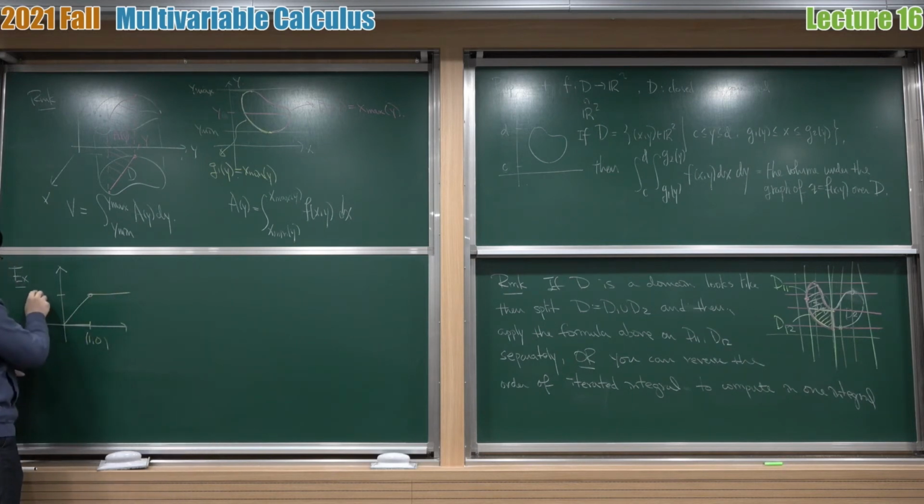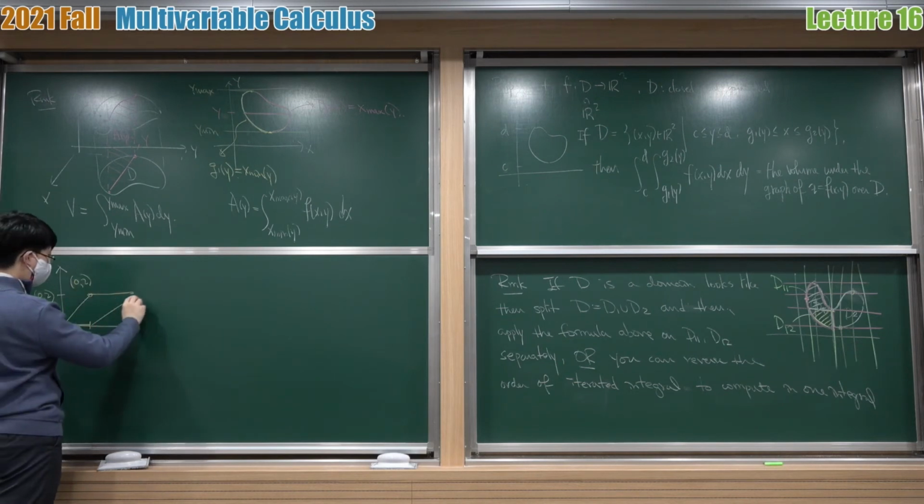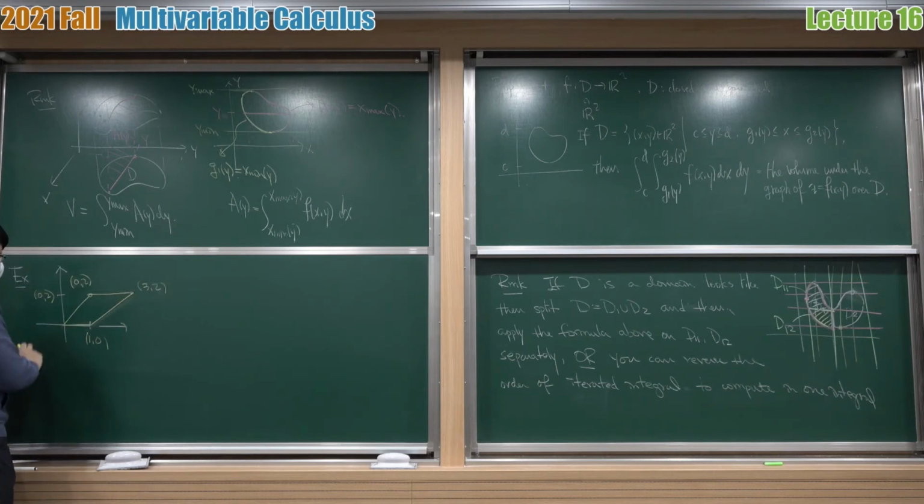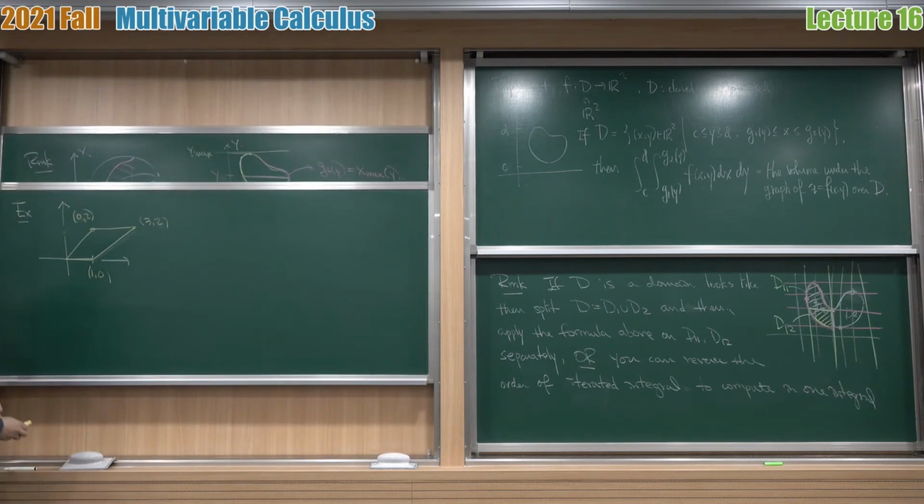This is 0, 2. And 0, 0, 2. And here is 3, 2. So you have this kind of region, it's not even a parallelogram, okay? This region is our D.